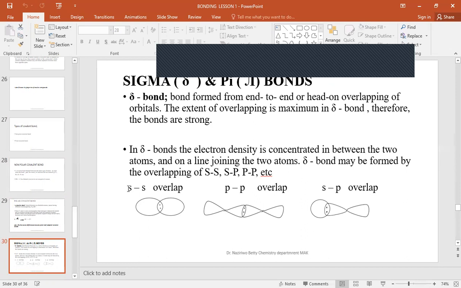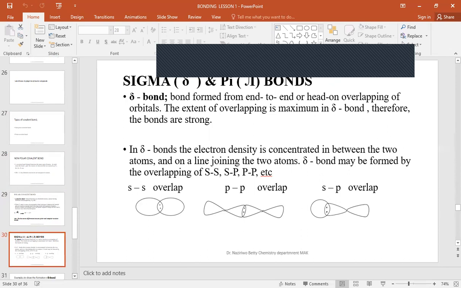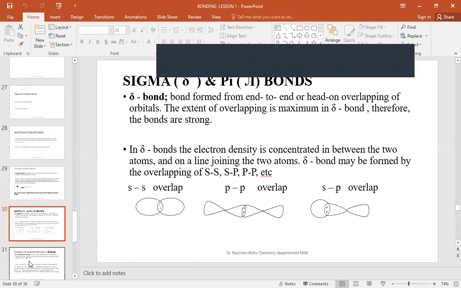We have s-s overlap, which leads to the formation of a sigma bond. p-p overlap also leads to it. We also have s-p overlap, as we shall see in coming slides.